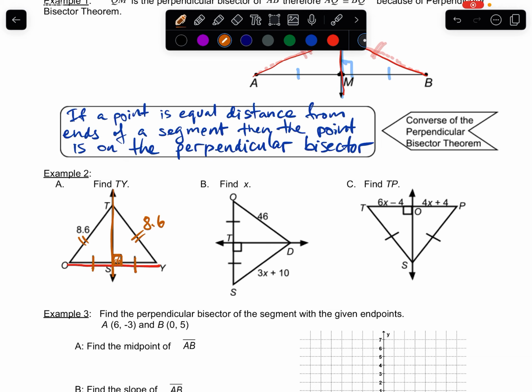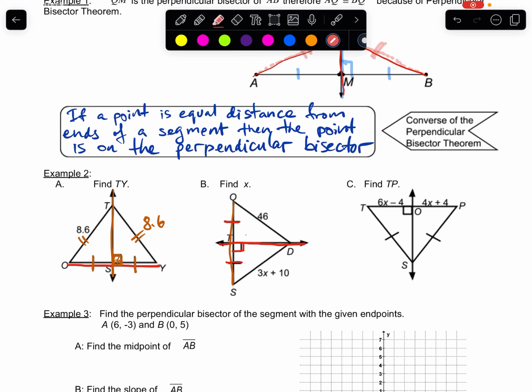Yeah. So now I'm going on to B. It says find x. So let's go look at this again. I'm looking at OS, and this is being bisected by TD, and we know that this line TD is perpendicular and it cuts OS in two.